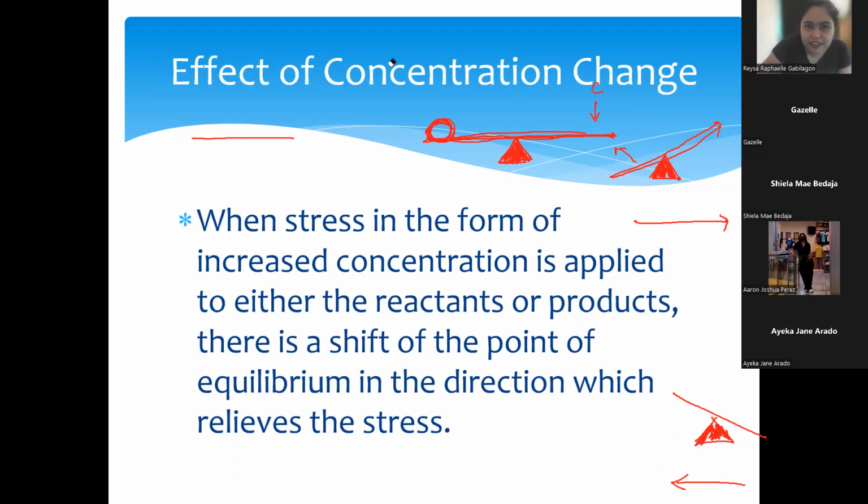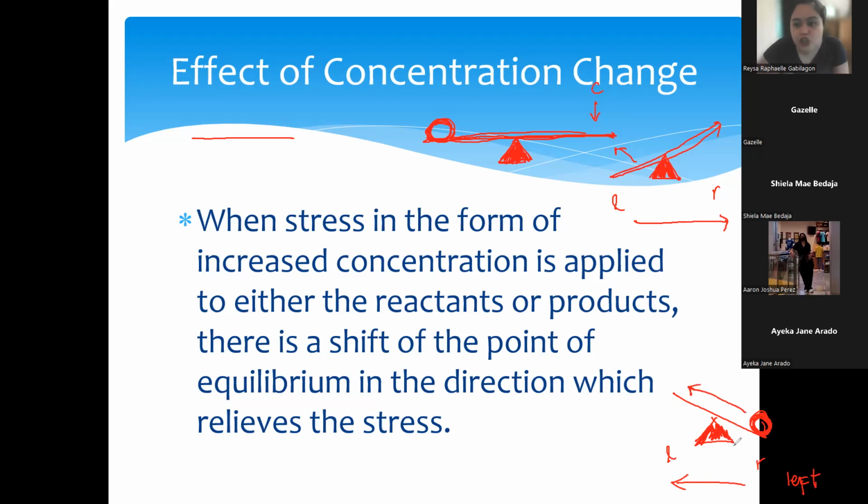Ulit. This is the left side. This is the right side. This one is the left and this is the right. So ito siya class. This should be going to the left side to get rid of the system. Kasi nga mas mabigat dito kasi nagdagdag tayo ng concentration sa product na side.